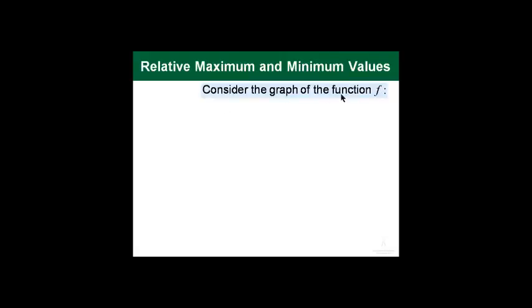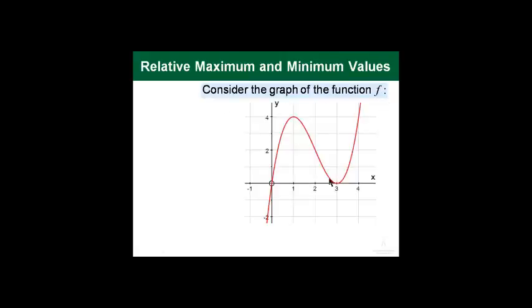Consider the graph of the function f as indicated on the screen. In fact, this is a cubic function that is graphed as indicated. Here we have two turning points for the function f. Firstly at the point A with coordinates 1, 4, and at the point B with coordinates 3, 0.